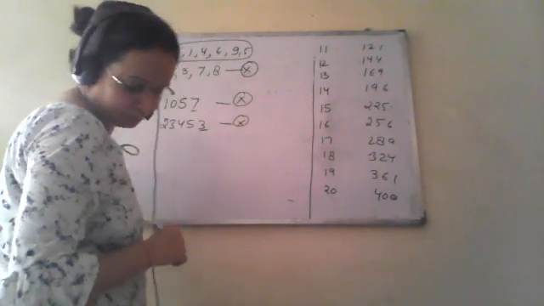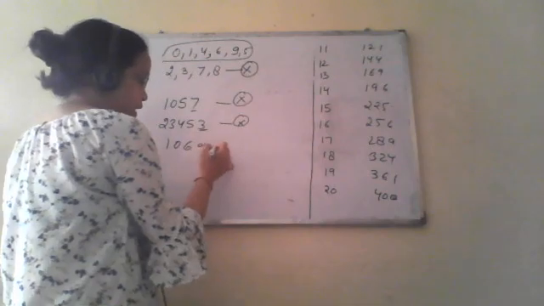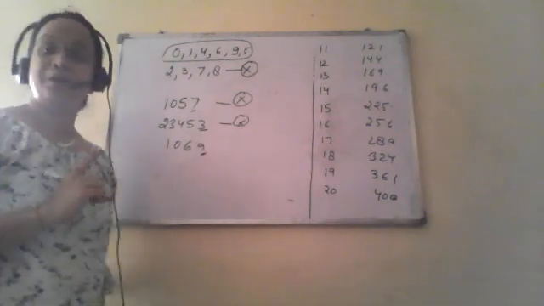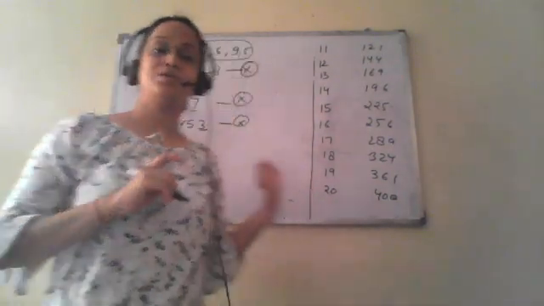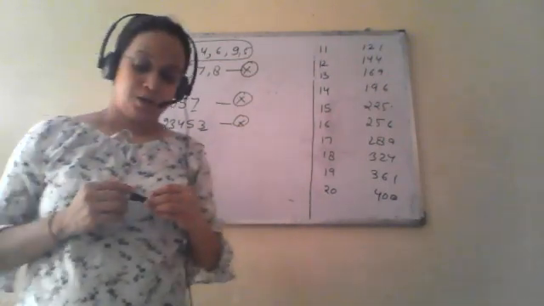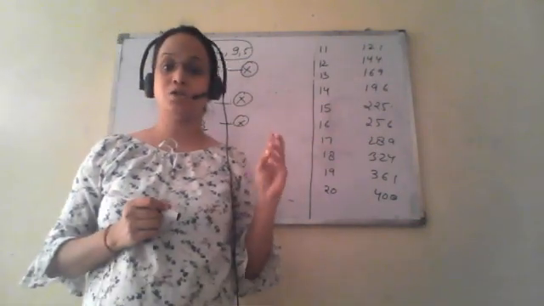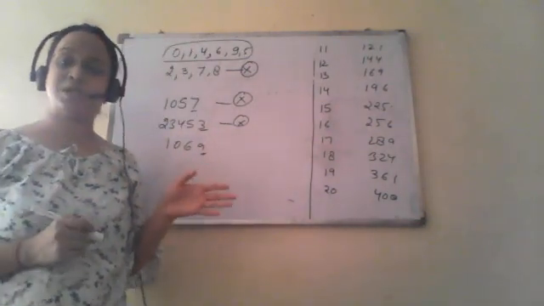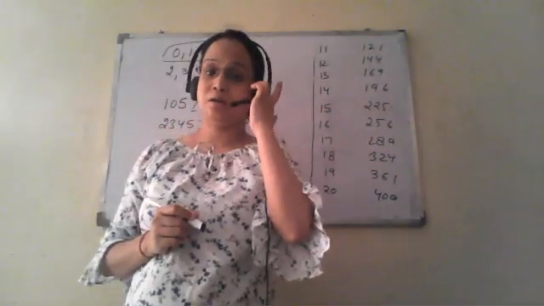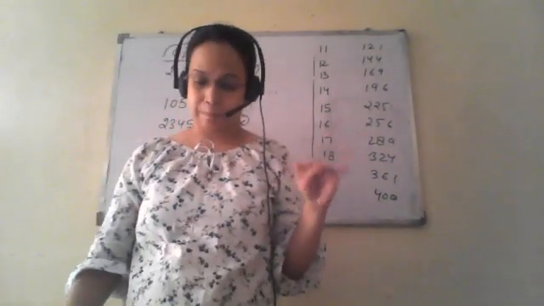If we talk about 1069, a 9 can be at the unit place of a perfect square number, so this number can be a perfect square. So we have to check further. So this is clear: at the unit place of a perfect square number we have only 0, 1, 4, 5, 6 and 9. This is the first thing you have to keep in mind.